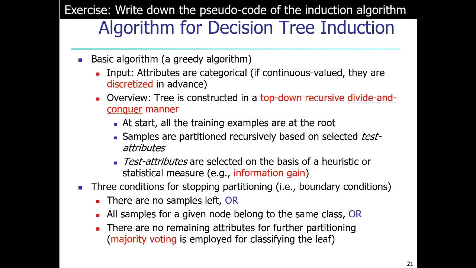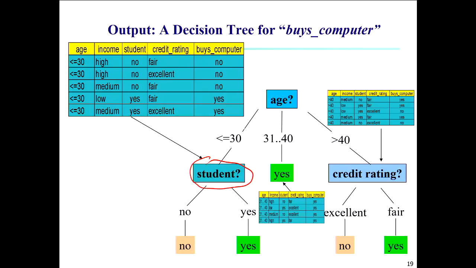Then we wonder, how do we construct such a decision tree? The key observation from the previous examples is, firstly, the samples or the data are getting fewer after we split.